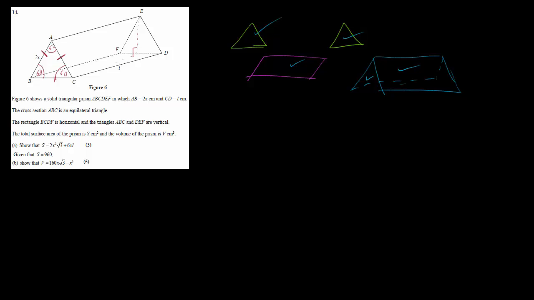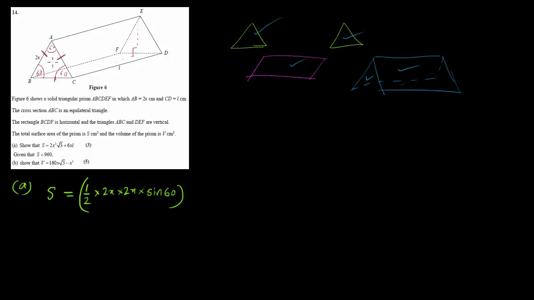Remember that. So in order to do this sum, the first thing we have to do is write down an expression. So total surface area equals, first of all, area of a triangle, which is half AB sine theta. Since all the sides are twice x, it would be half into twice x into twice x, and the angle is 60 degrees, so sine 60 degrees.